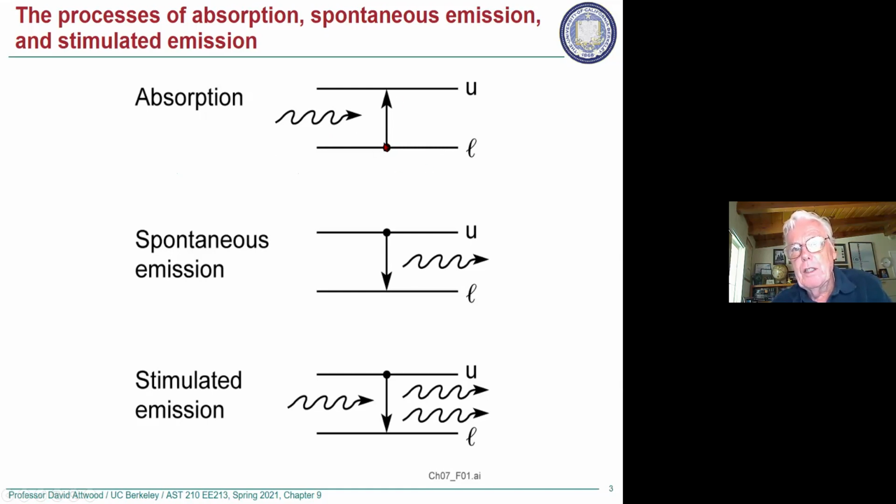If the atom is in the lower level, absorption of a photon could bring it into the upper level, but the photon energy has to be a near perfect match here. In fact, it needs to be a perfect match, but the transition energy usually has some width to it, if for no other reason, because of the lifetime. So that we call absorption.